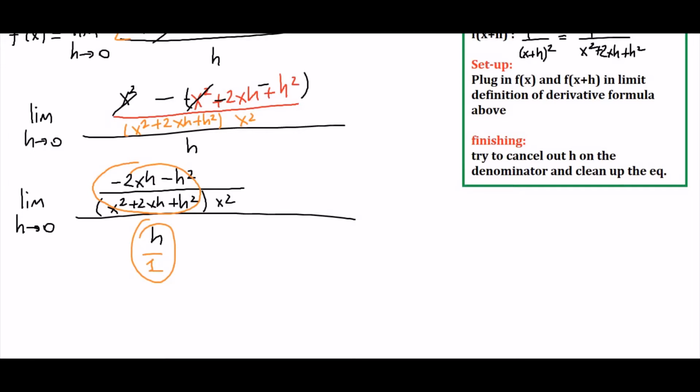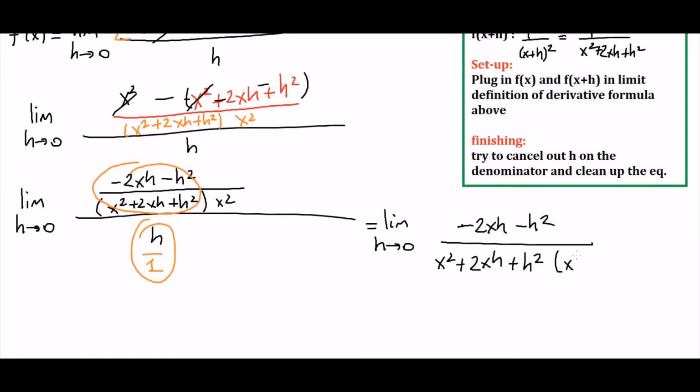So we can continue as limit h is approaching 0. Our first fraction is negative 2xh minus h squared over x squared plus 2xh plus h squared times x squared, times, we flip the second fraction, 1 over h. Here our main purpose is to cancel h, so we get rid of the 0 denominator.